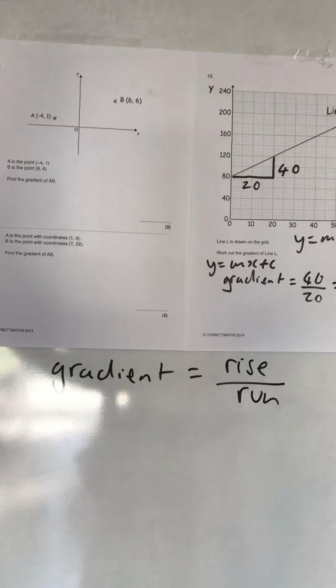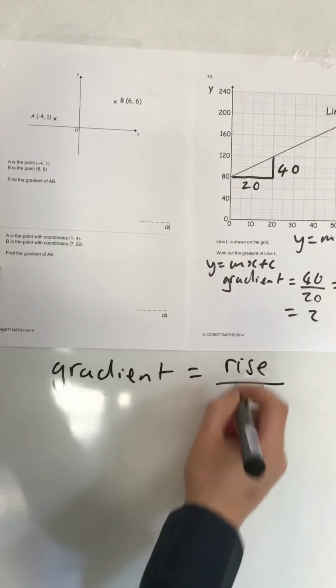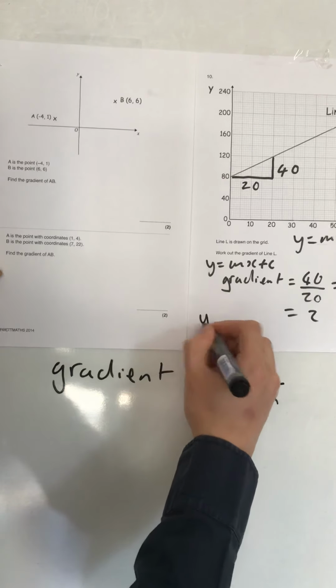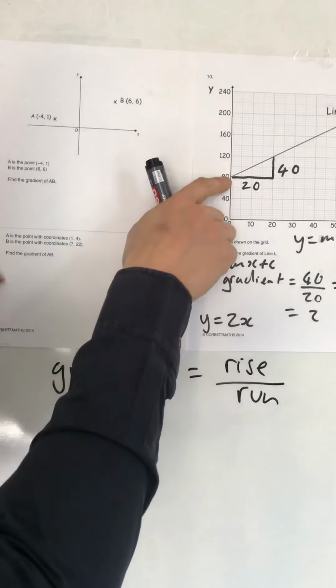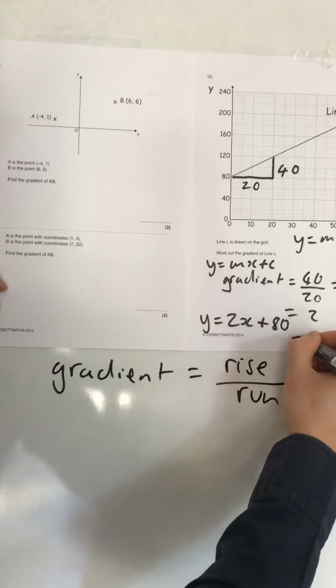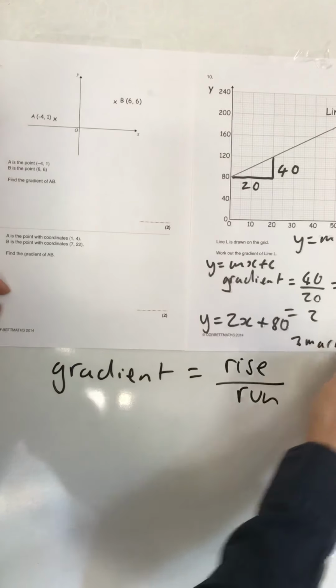Now, if we use y equals mx plus c, we know we've got y equals 2x. What's the y-intercept? 80. So y equals 2x plus 80, and that will get you 3 marks in an exam question. Quite easily done.